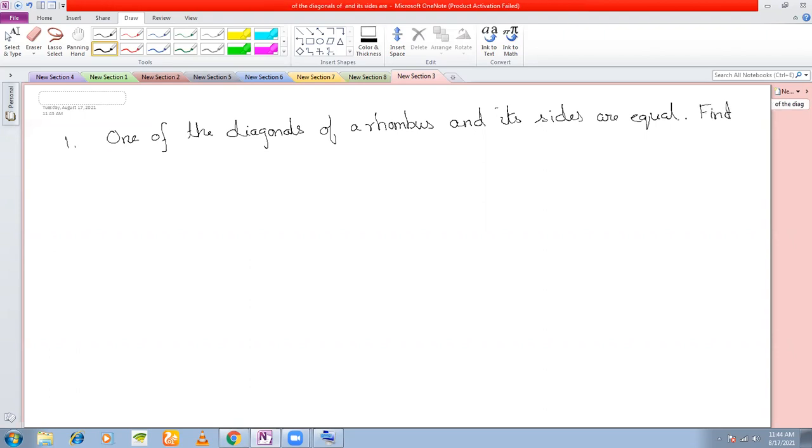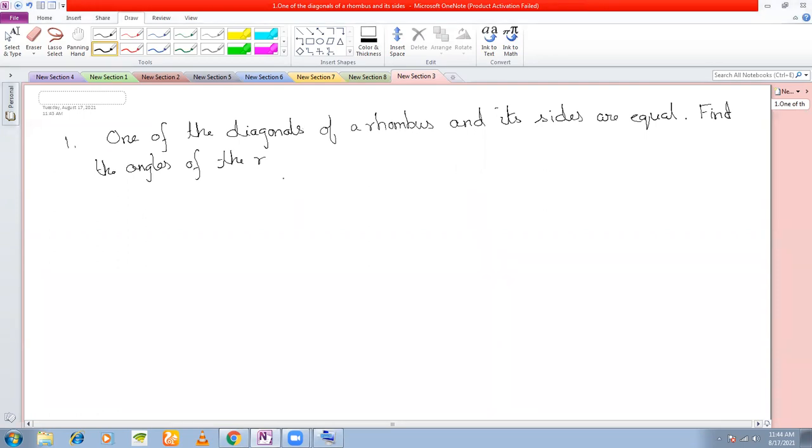So no figure is given, no angle is given. But what is given here is that one of the diagonals is equal to the sides of the rhombus.